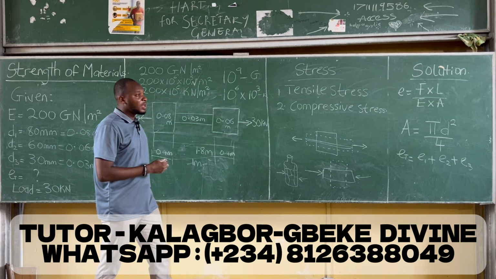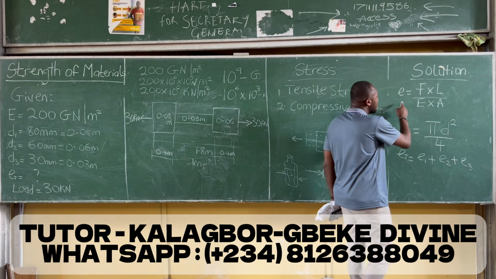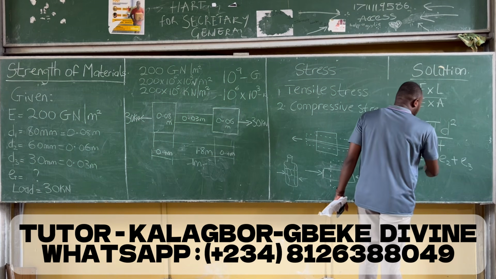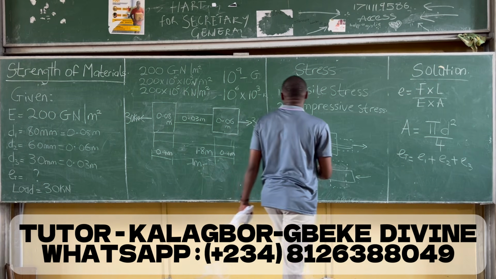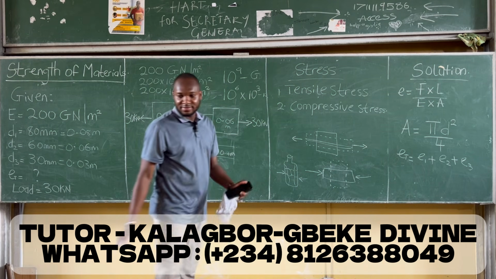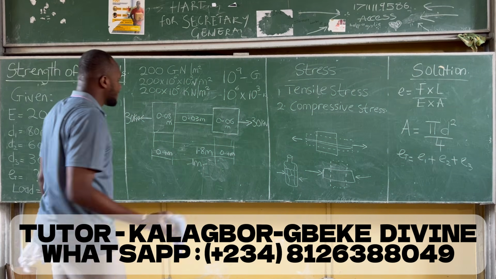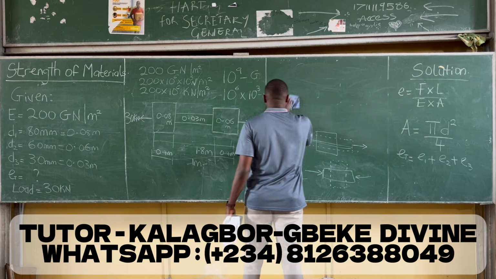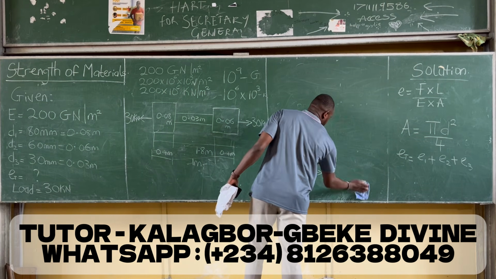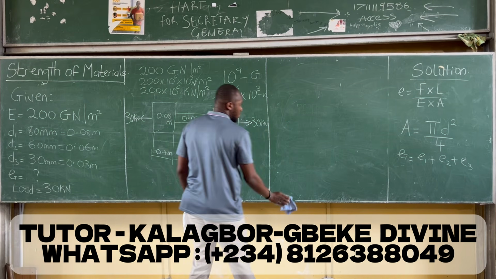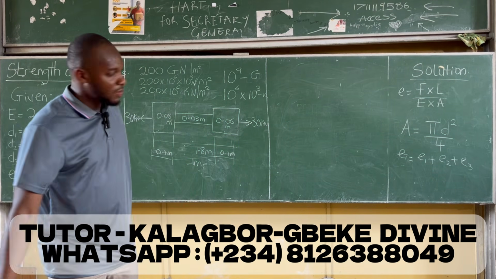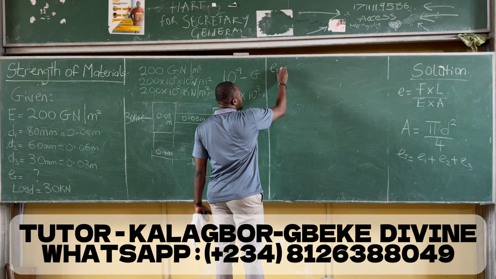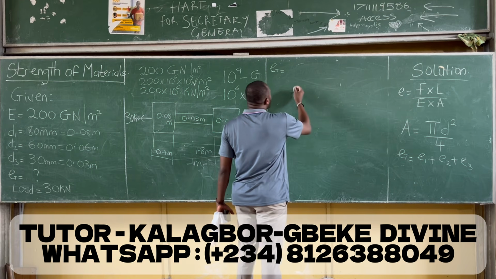Hope you're following. And we know that elongation is what? E is equal to what? F times L all over E times A. So now, for the first one, E1, our total elongation, E1 will be what?